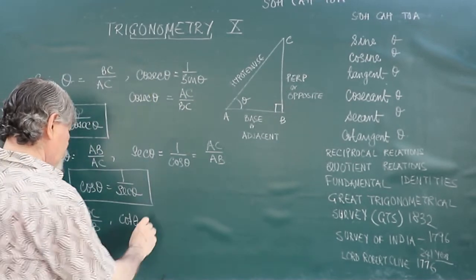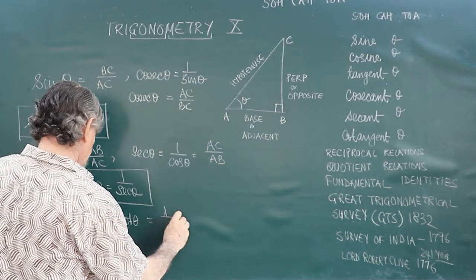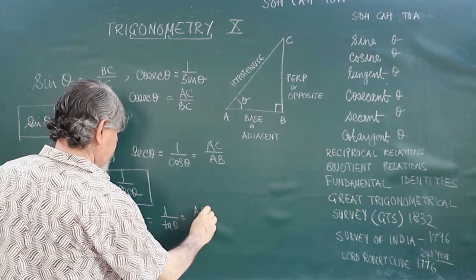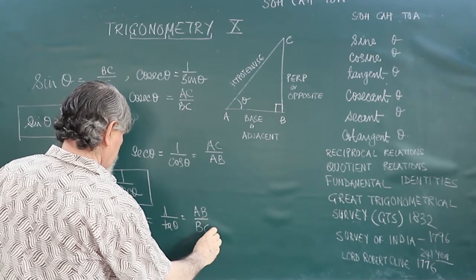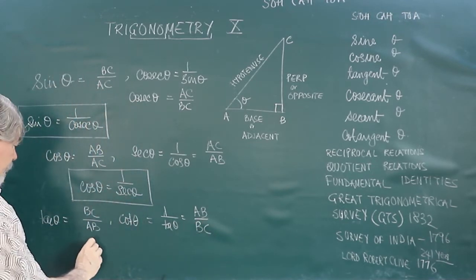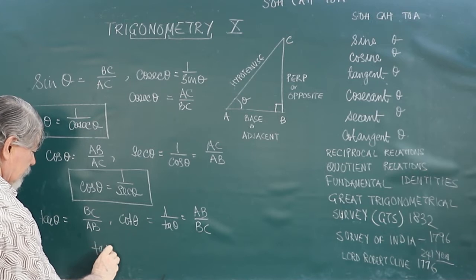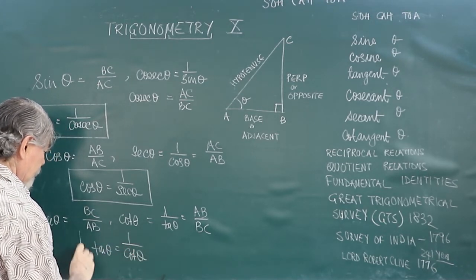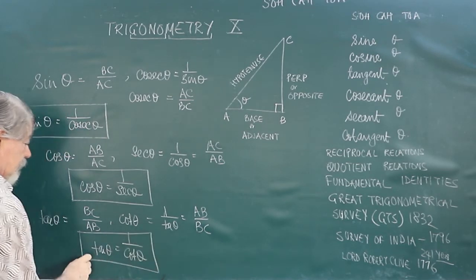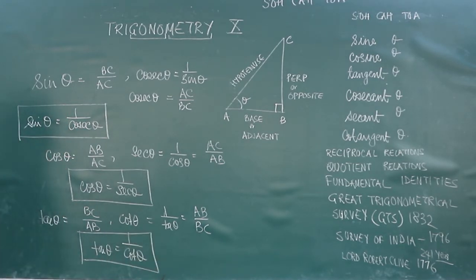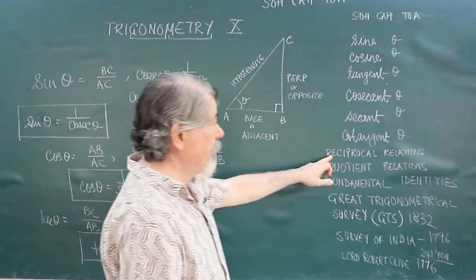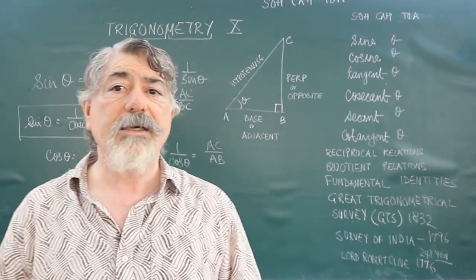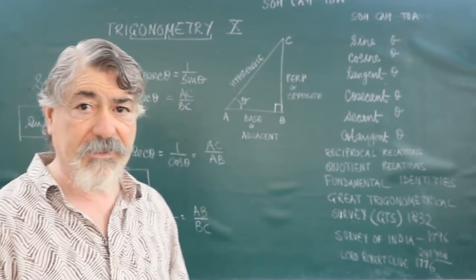So cot theta is going to be 1 upon tan theta, and that will be AB upon BC. So this relation will become tan theta is equal to 1 upon cot theta. These are called reciprocal relations. That's what I had written.